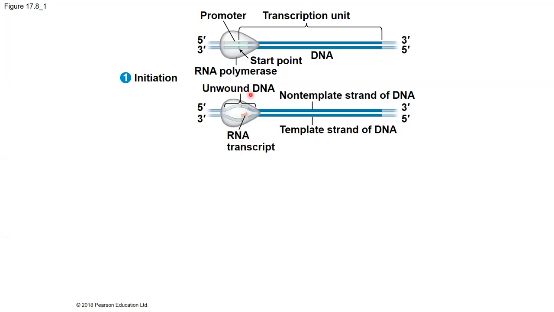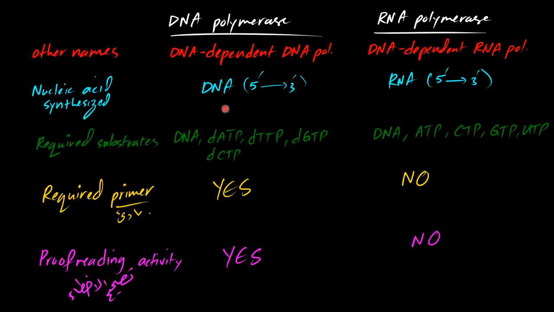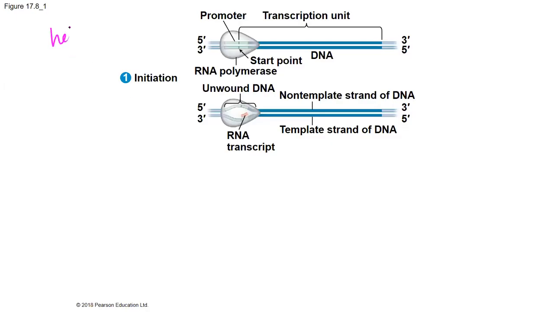This is another difference between the DNA polymerase and the RNA polymerase. The RNA polymerase has its own helicase activity. Helicase is an enzyme that can separate the two strands of DNA. Okay?